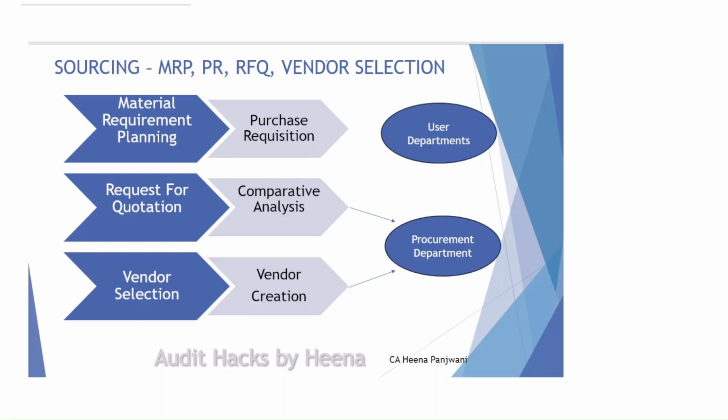Based on the quotations received from different vendors, they will choose the most competitive supplier and will document this result as vendor selection. Once the vendor is selected, the vendor may be included in the approved list of vendors, and the details of the vendor are collected for creation of vendor record in the company's ERP in the vendor master.